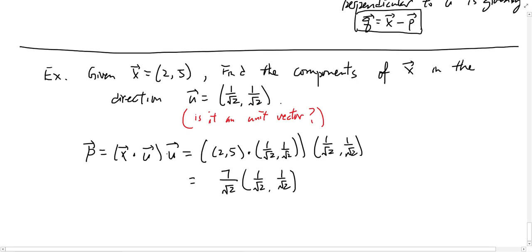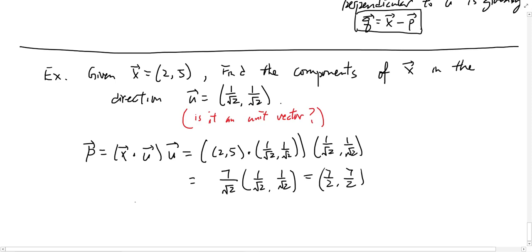That's the reason why there's no dot between the dot product and the vector u. It's just a multiplication. And when I do that, that equals 7 over 2, 7 over 2.